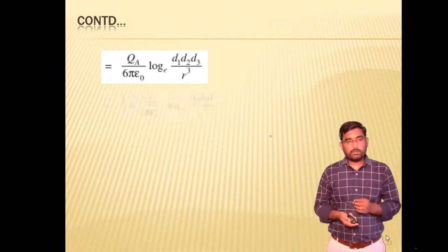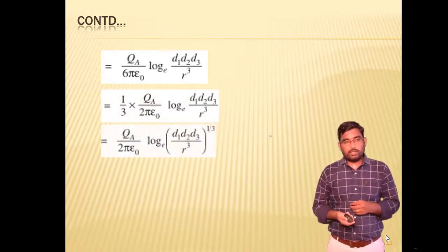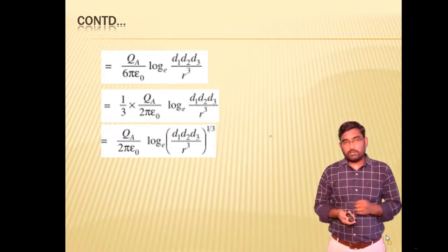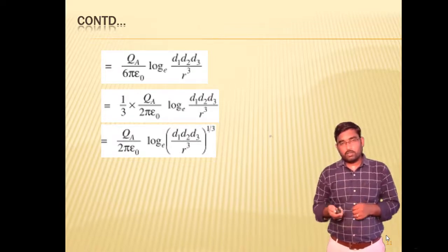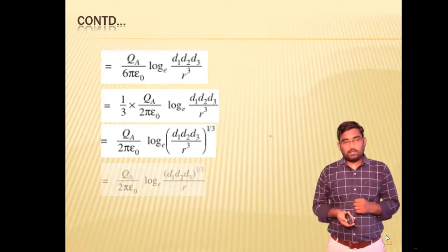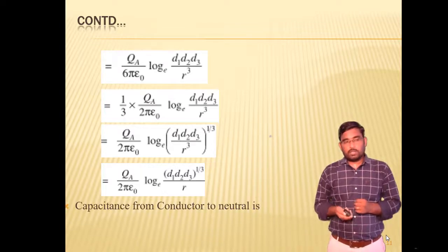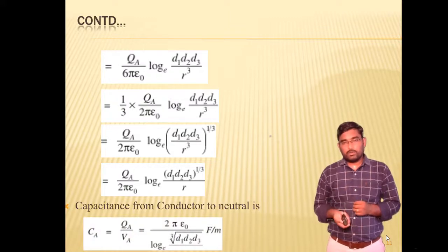By taking the 1 by 3 into the ln of D1, D2, D3 by R cube term, it will be QA by 2 pi epsilon naught ln of D1, D2, D3 by R cube whole power 1 by 3. Now it will become QA by 2 pi epsilon naught ln of D1, D2, D3 whole power 1 by 3 by R. So the capacitance of A with respect to neutral is C equals charge per potential.